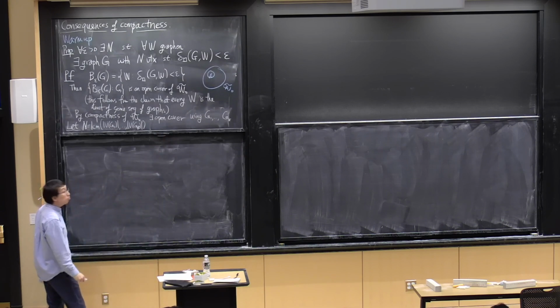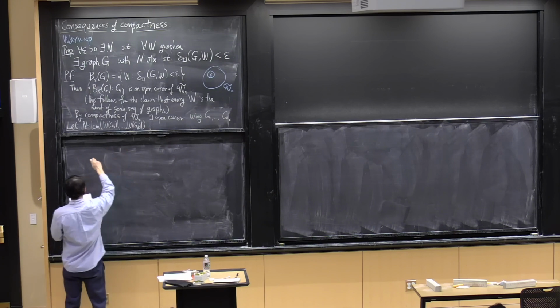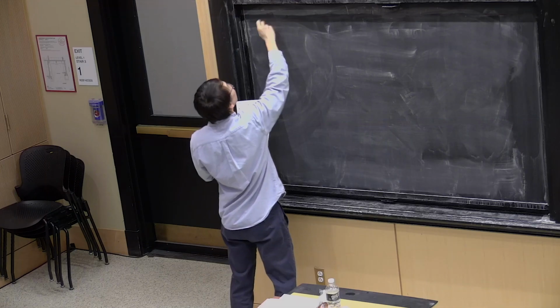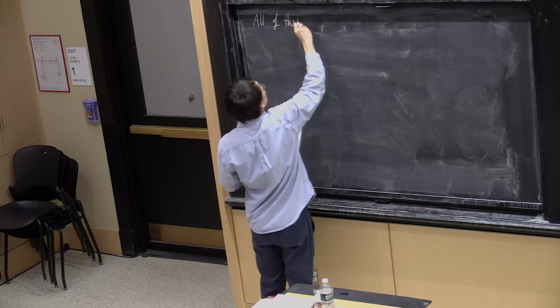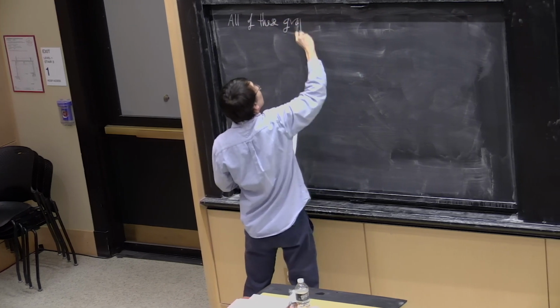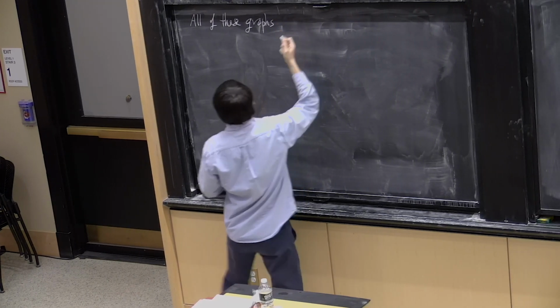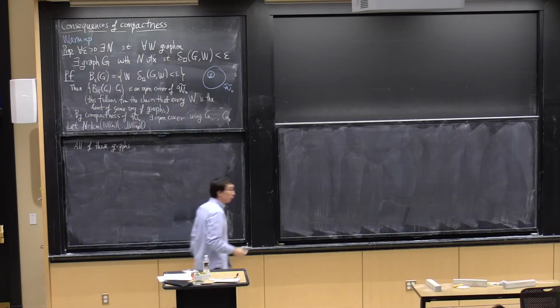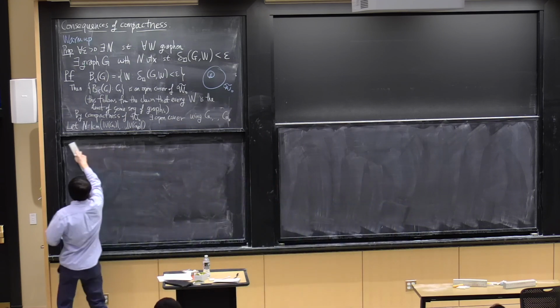Okay. So for each of these graphs, I can replace it by a graph on exactly n vertices.